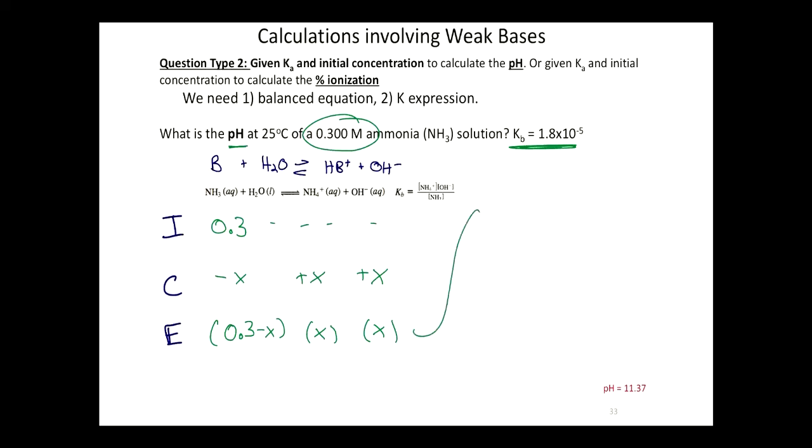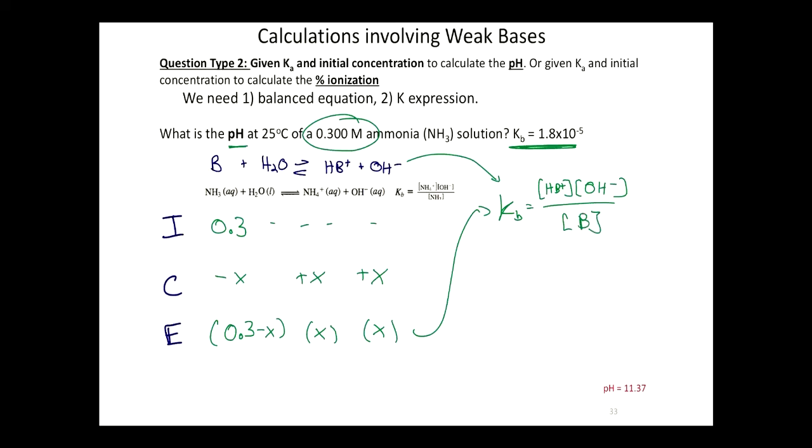The same ice table. But then that E line goes into Kb. And so remember that I'll write the generic form of the Kb expression. Here I have it specifically for ammonia, but for a generic base, it would just be HB plus over hydroxide concentration over base concentration.